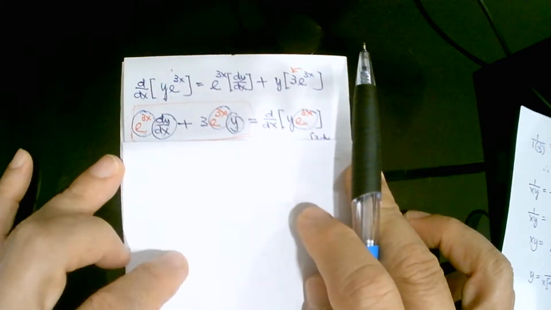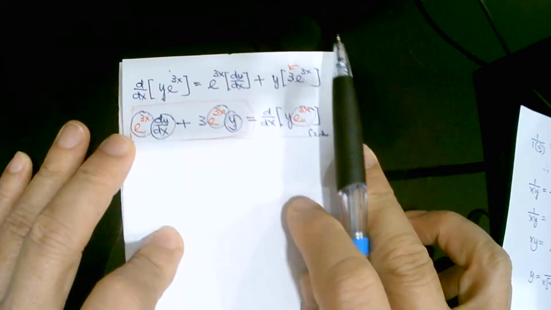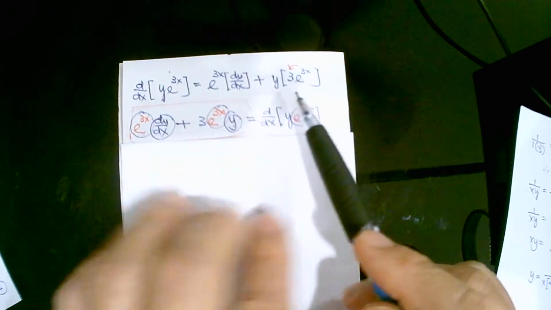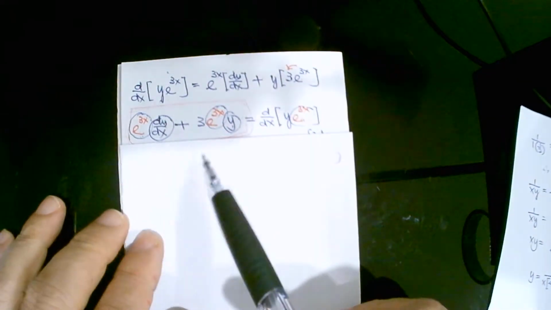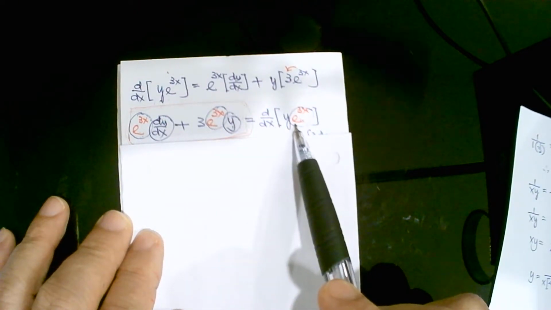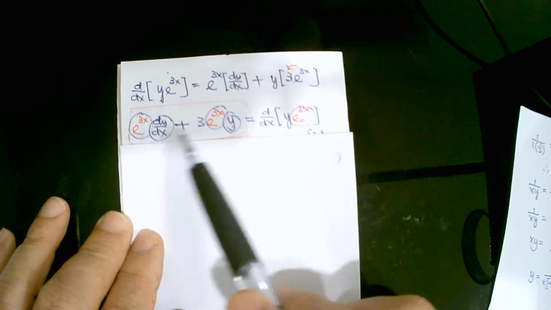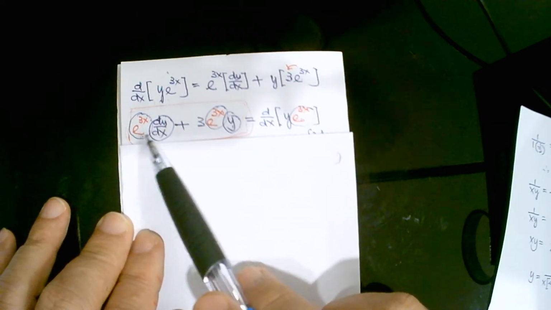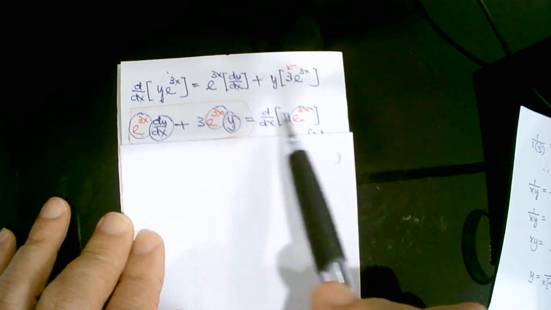This red color means every term has this, and if everyone has this, we call it a factor. So this is called the integrating factor.